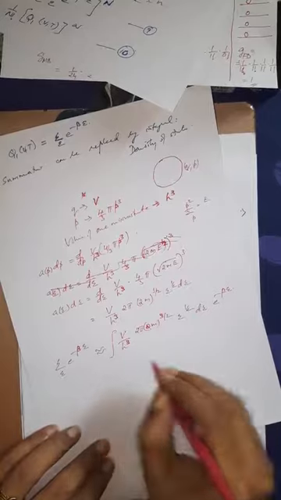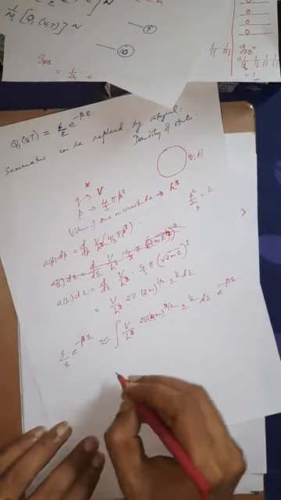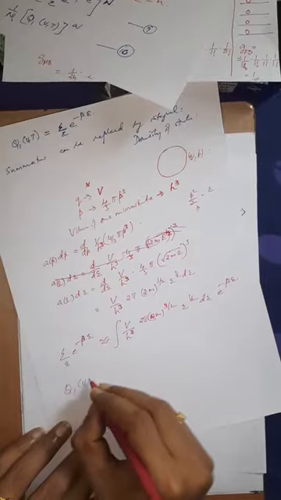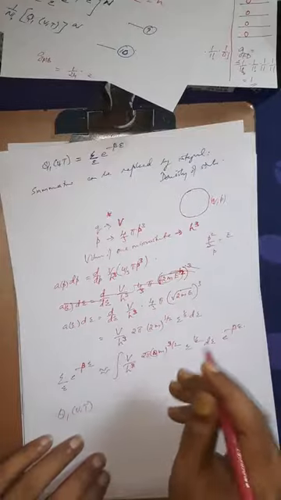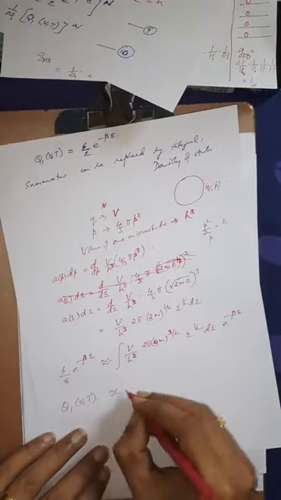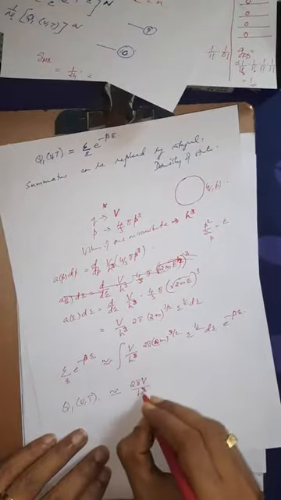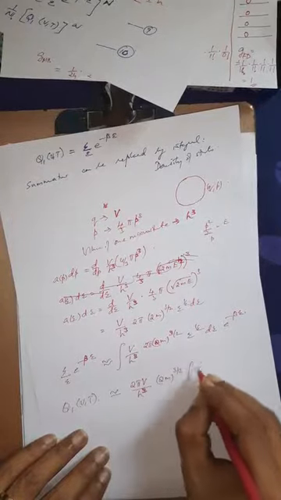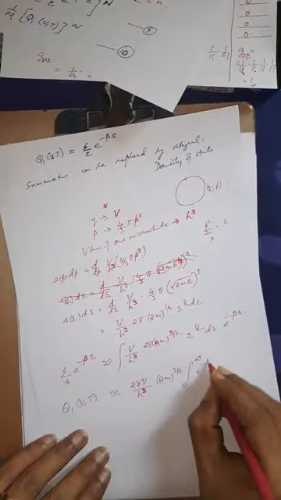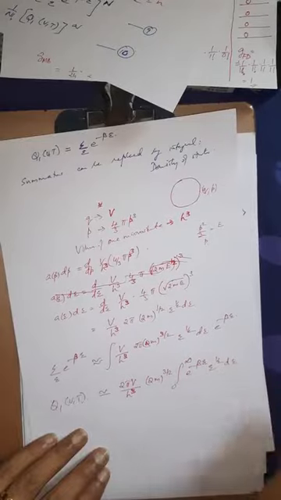So I can always put the appropriate things outside the integral, and ultimately I can write q1(V,T) as roughly equal to 2 pi V by h cube into 2m raised to 3 by 2 integral 0 to infinity e raised to minus beta E, E raised to half dE.